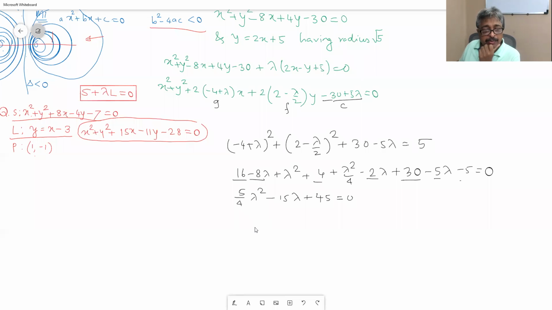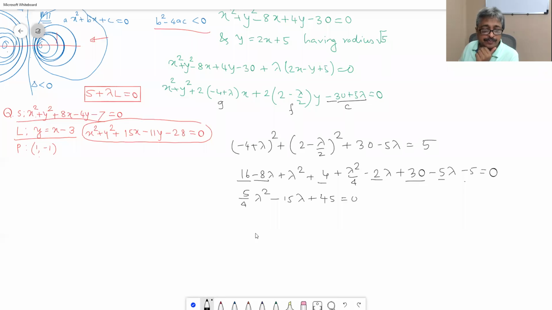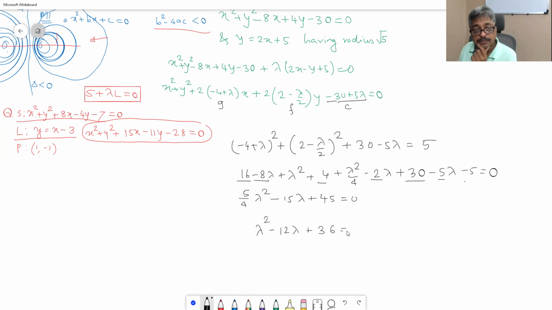If you clear the denominator and divide by 5 simultaneously, then you will get lambda square minus 12 lambda, multiplying by 4 upon 5, now 36. And this is lambda minus 6 bracket square is equal to 0.